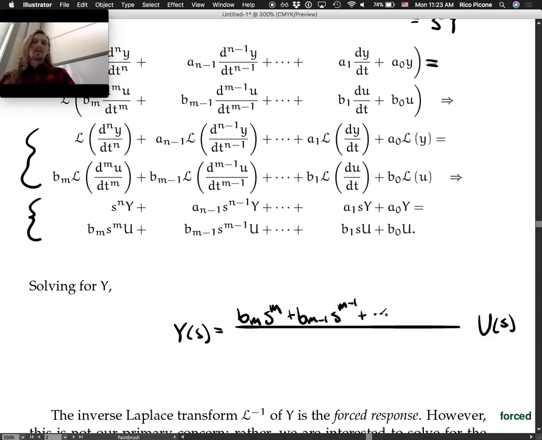Plus down to b1 s to the 1 plus b0, divided by s to the n plus a_{n-1} s to the n minus 1 plus down to, should have a plus there, a1 s plus a0.